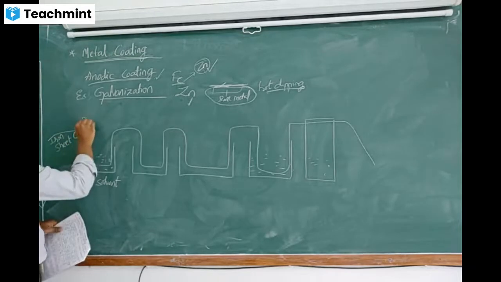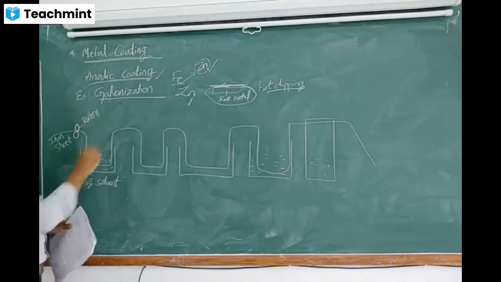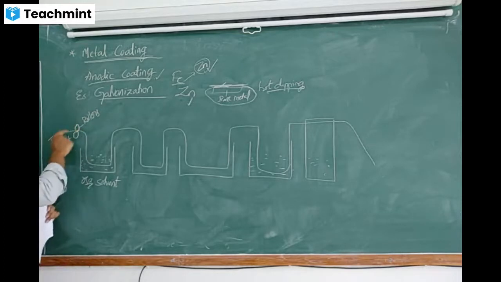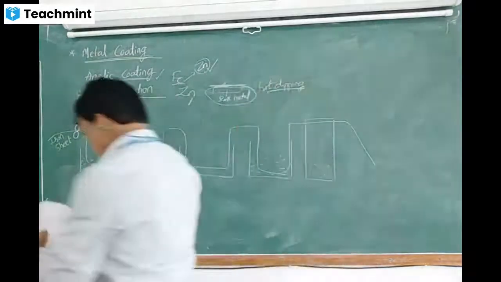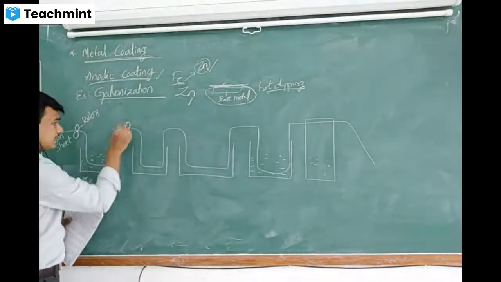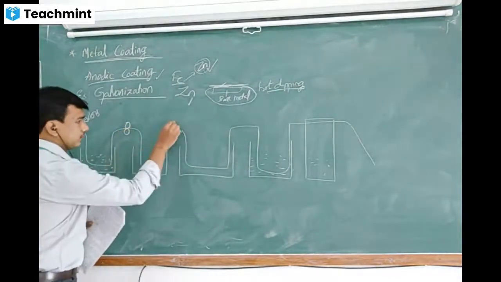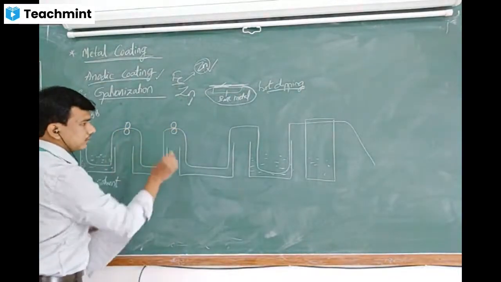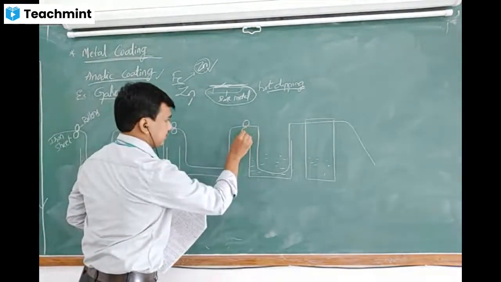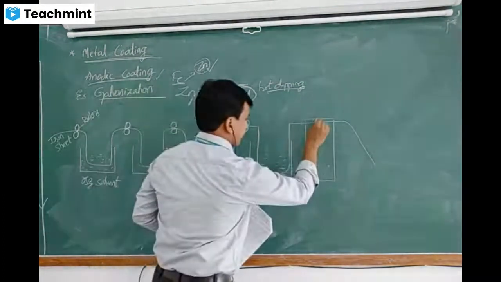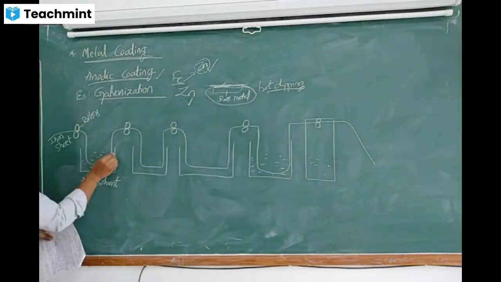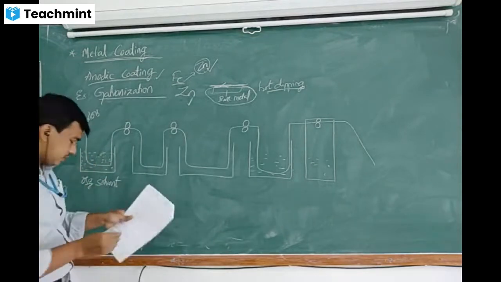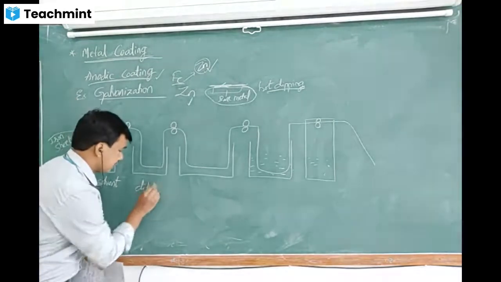Continuously, the iron sheet will keep moving in between the rollers. The next one is dilute sulfuric acid.